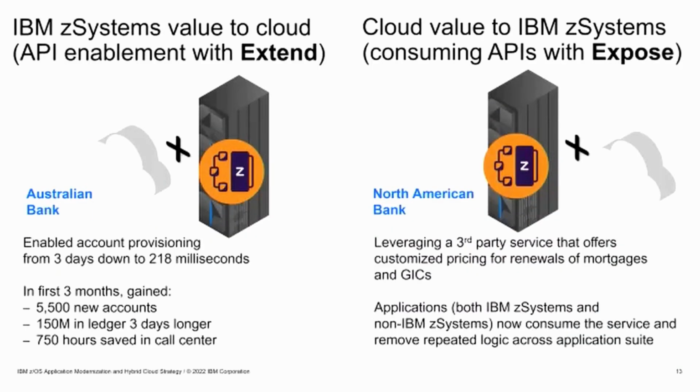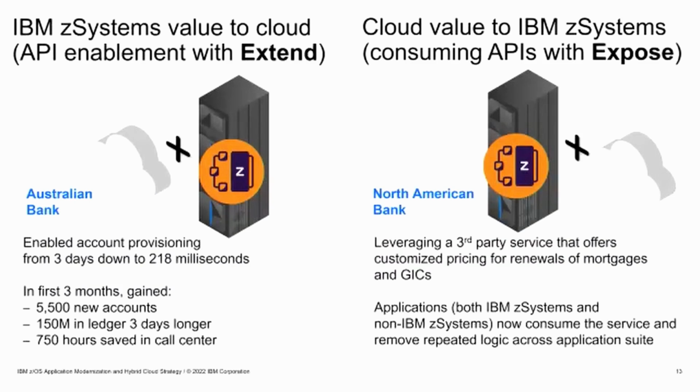Here's a couple of examples of how z/OS Connect has been used in customer scenarios, looking at the extend and expose patterns. So with the extend pattern, the Australian bank, they were extending an application. So they enabled some account provisioning application.